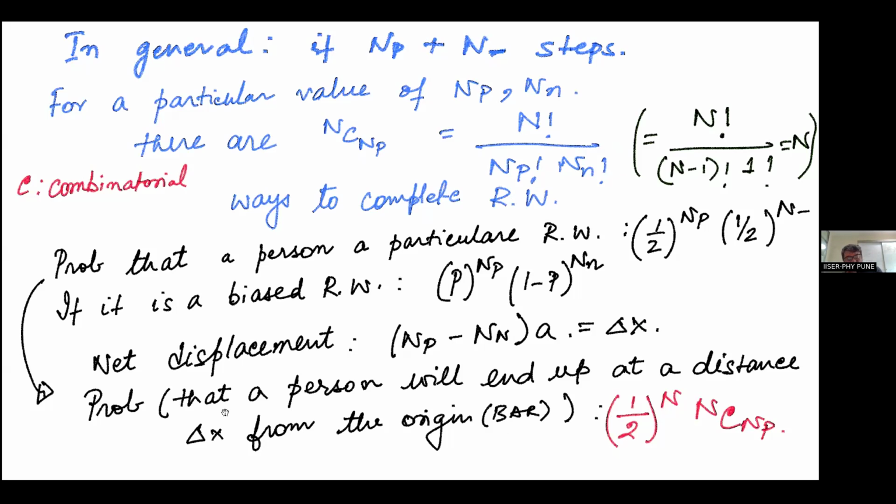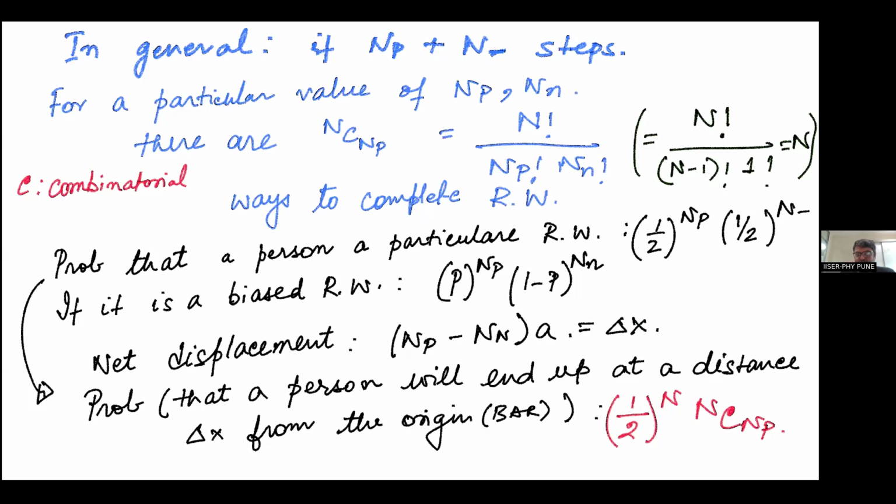So the probability that a person will end up at a distance delta x, where delta x is (np minus nn) times a, a being the length of each step, is actually half to the power n, the probability of each random walk, right?